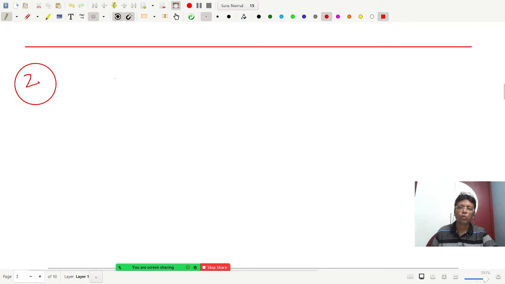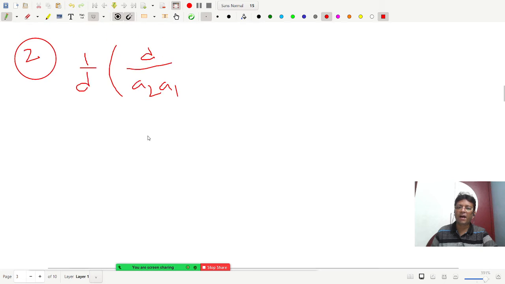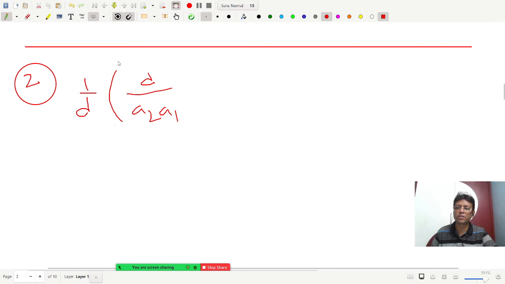So I am writing 1 over D, and it's D over A1 A2, the given expression, look at the given expression, 1 over A1 A2, 1 over A2 A3 etc. So I'm writing D in the numerator, and we have adjusted 1 by D outside, so it's no problem over there, and I'm writing D over A2 A3 etc. Okay, and on the right you have 10.